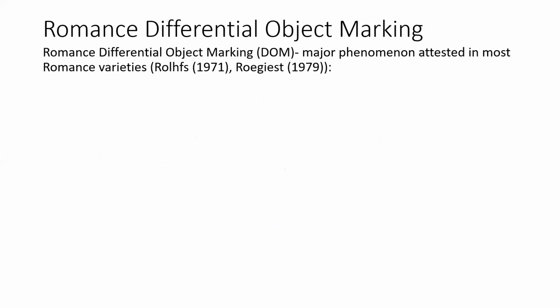This is a huge phenomenon in Romance, and it's attested in all Romance varieties. Classic works like Rohlfs and Iliescu have shown that Romance differential object marking is attested to varying extents in different Romance varieties.